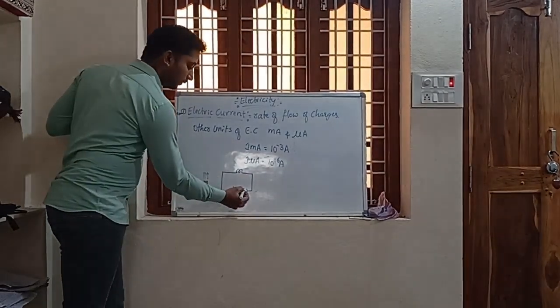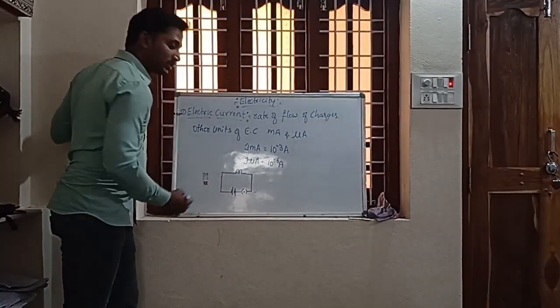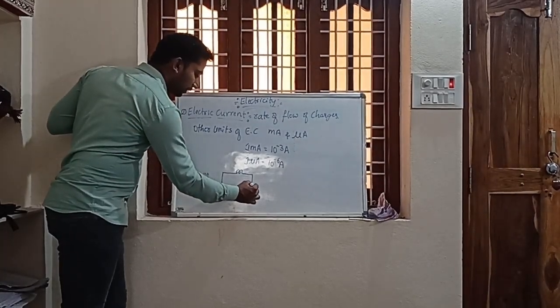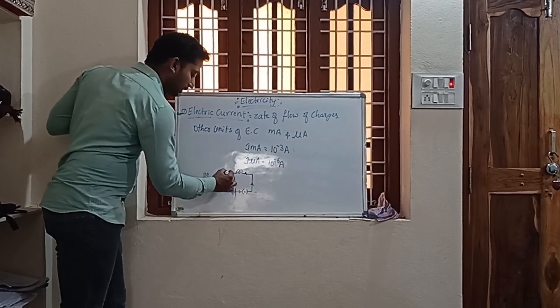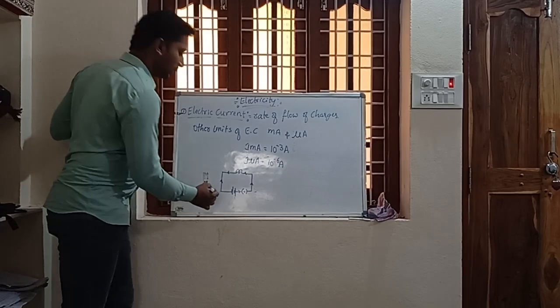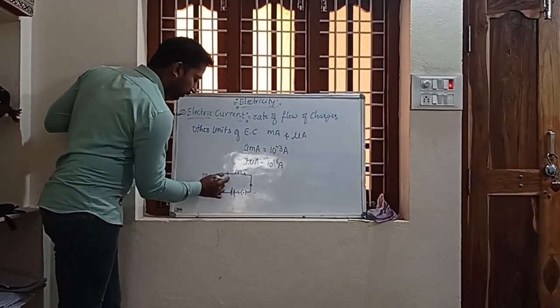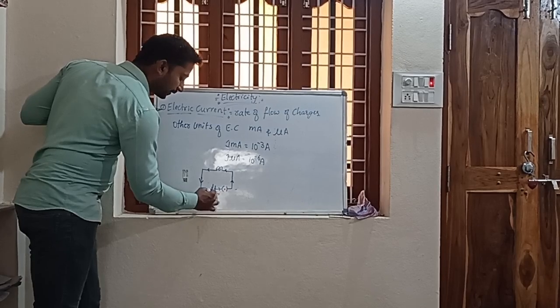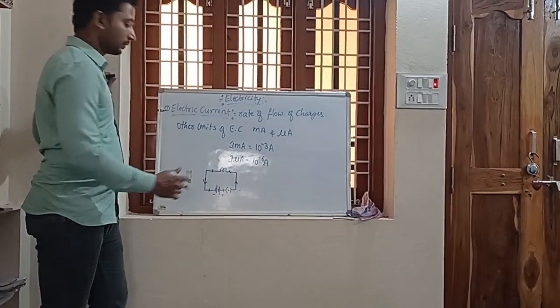When the switch is off, it is open; when you keep this dot, it means the switch is on. Current flows from the positive terminal of the battery to the negative terminal of the battery.